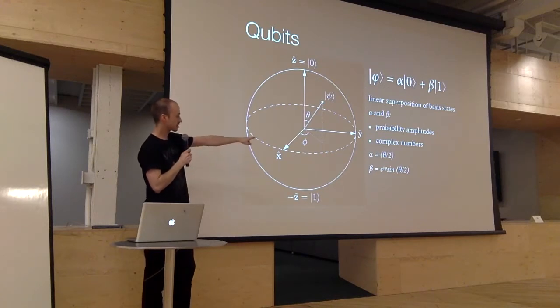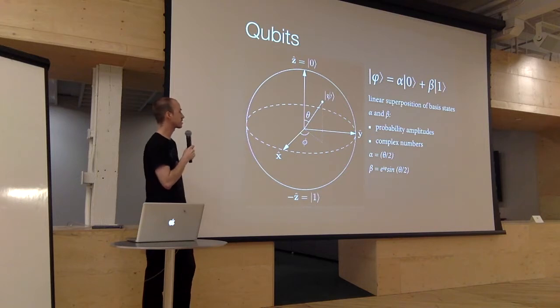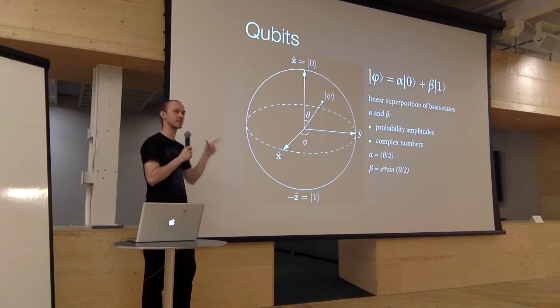And those are the equations to calculate the probabilities of the possible values. But you can think of it as just a linear superposition of these basis states. So out of everything that it can be, it's just all of them together side by side in a vector.